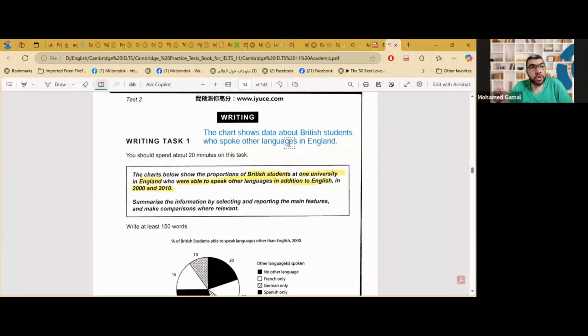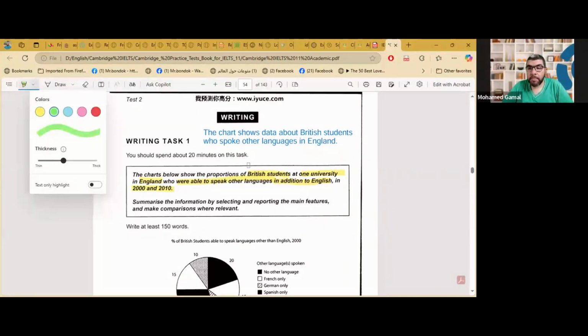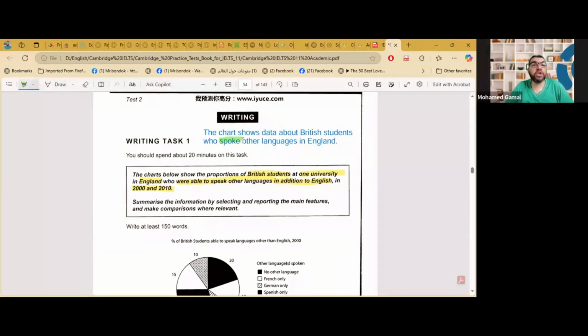The time, as you mentioned, I didn't say when exactly, and here I have a grammatical error. You are saying here spoke other languages in England. So spoke when? This is past simple. When exactly? It's unclear.